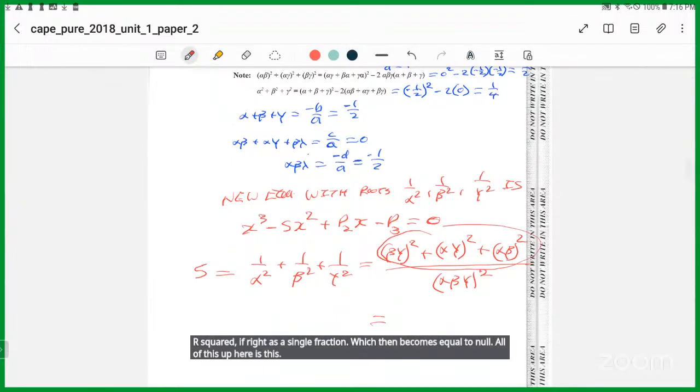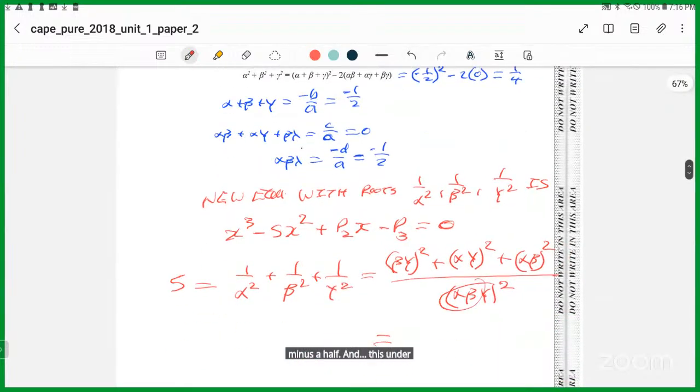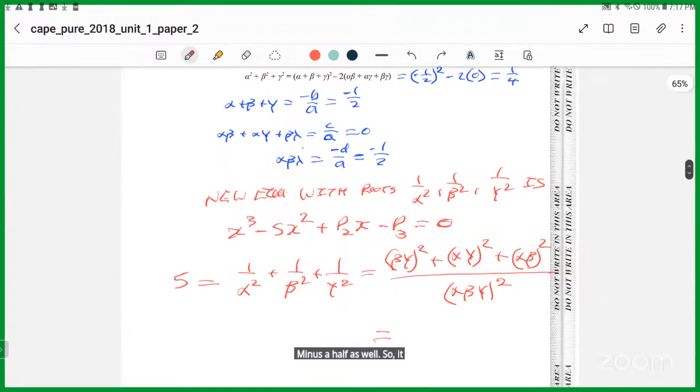Which then becomes equal to, now all of this up here is this that they gave us. Let me say that works out to be minus a half, and this under here is just this pairwise product right here, minus a half as well. So it becomes minus a half on the numerator over minus a half squared, which becomes 1 over minus a half, which is negative 2.